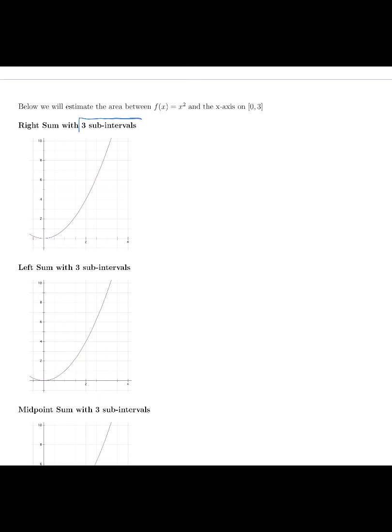So in each case, we're going to have 3 subintervals. So we're going to let delta x be the width of each interval. So what is delta x going to be?